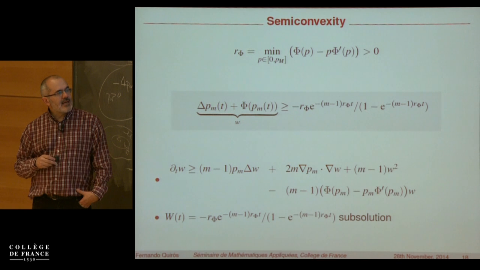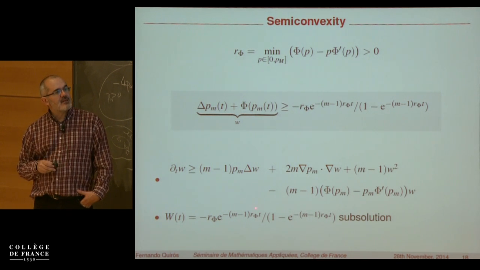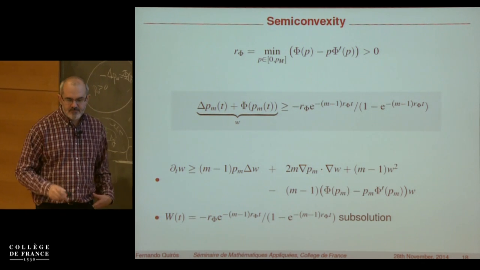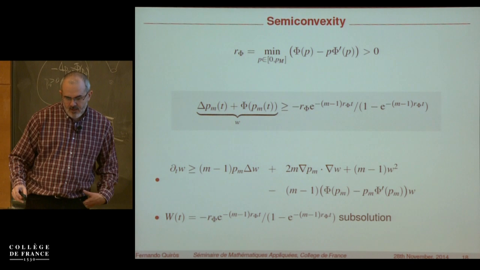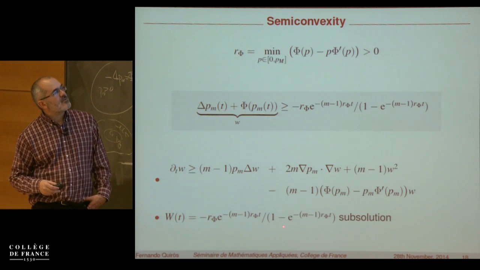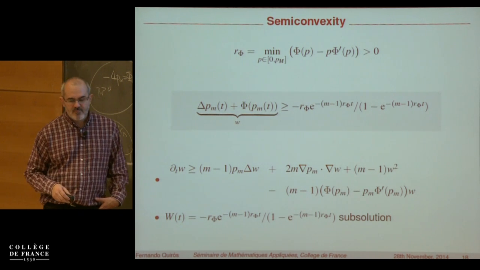And the right-hand side of this inequality is a subsolution for this equation. Notice that here you don't have any spatial dependence, so you just have to take care of these two terms.